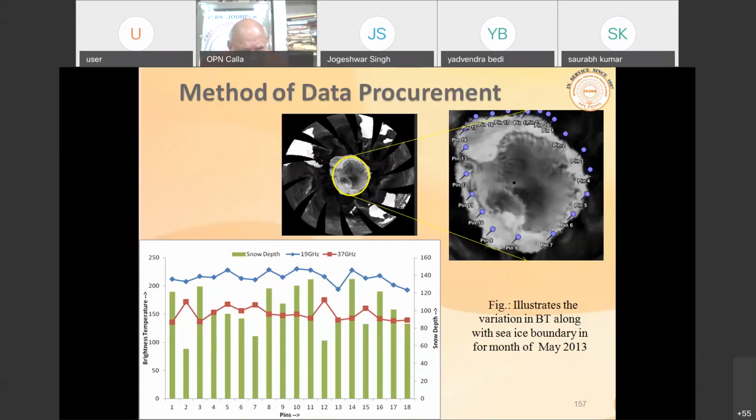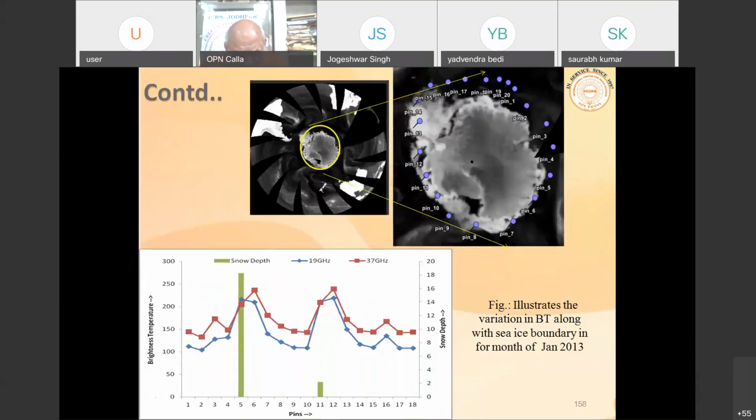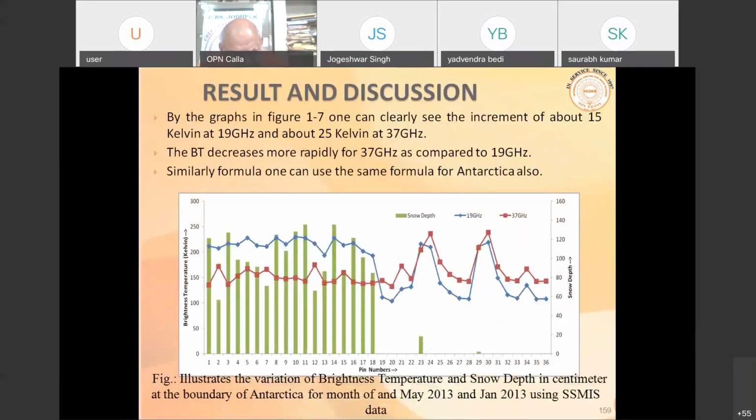You see the variability of depth of snow here. And I go faster. Then again, microwave temperature variability and depth of snow. Then you see beyond 18 points, there is no depth at all, at 37 gigahertz and at 19 gigahertz.